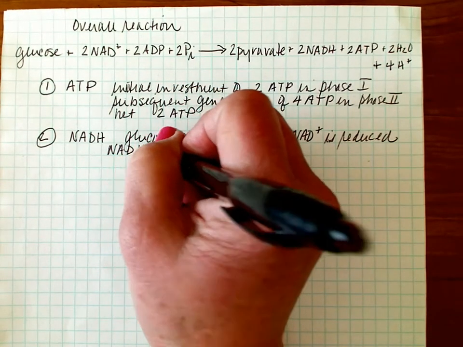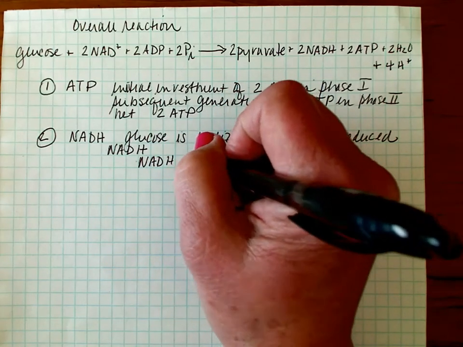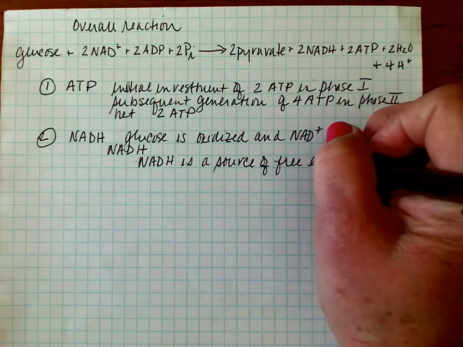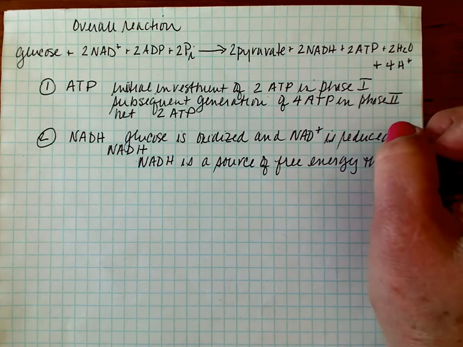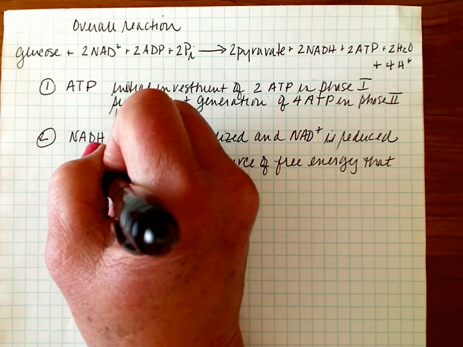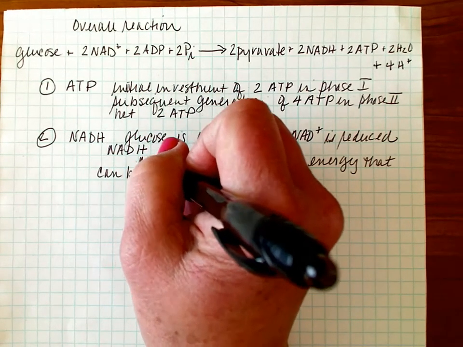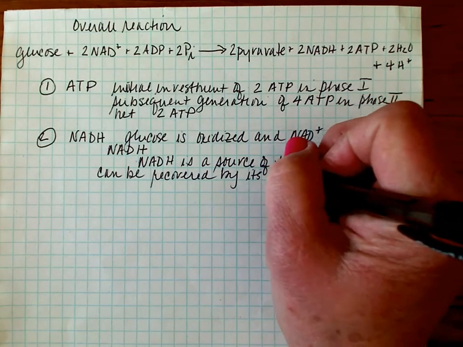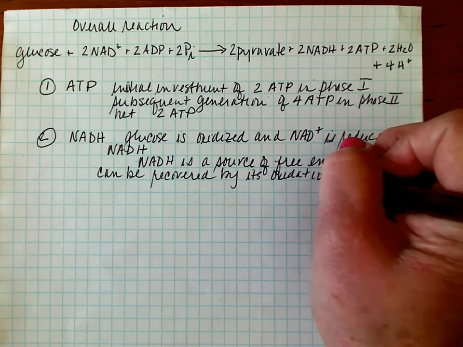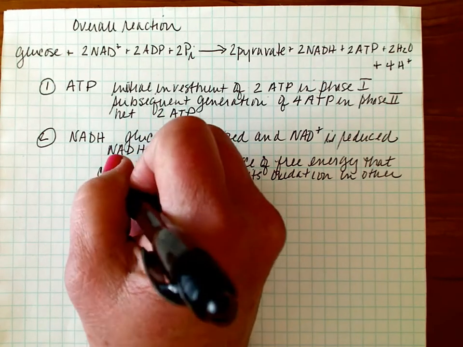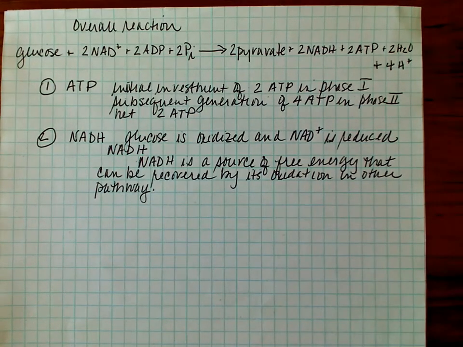NADH itself is a source of free energy that can be recovered by its oxidation in other pathways, and we will see that oxidation occurring, particularly in the electron transport chain.